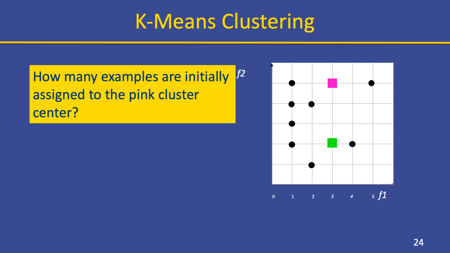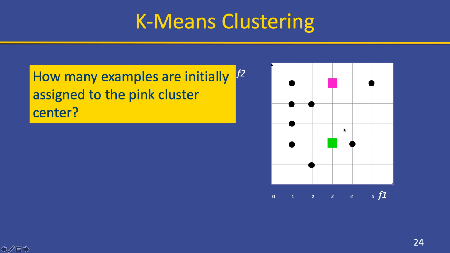How many examples are initially assigned to the pink cluster center? So we need to look at all the points that are closer to pink. This point here is clearly closer to pink. This one, we've already identified them. This point is also closer to pink, and this point is closer to pink. Now here we start getting closer to green, right?